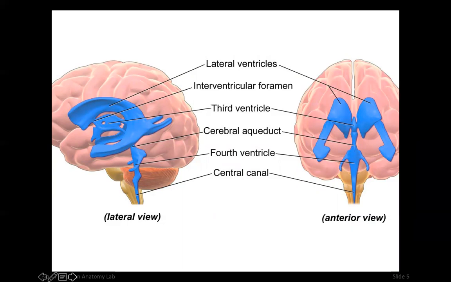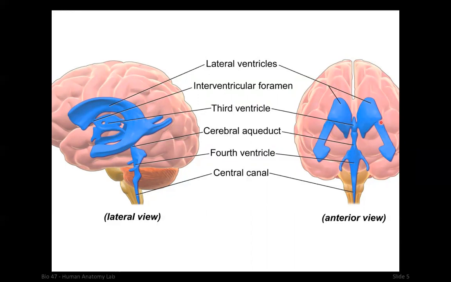The lateral ventricles, there's 2 of them, and let me get my laser pointer. And the lateral ventricles are these really large C-shaped structures. So there's a C and with the horn on the back. So that whole thing, the C-shaped structure with the horn, is 1 lateral ventricle. And there's 1 on each side of the brain, 1 in each hemisphere of the cerebrum. So those are the lateral ventricles.